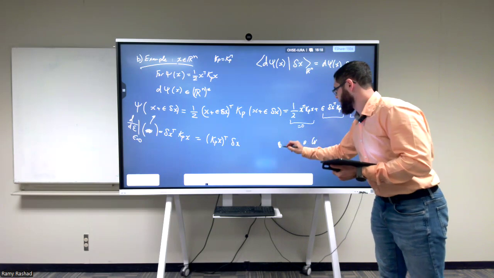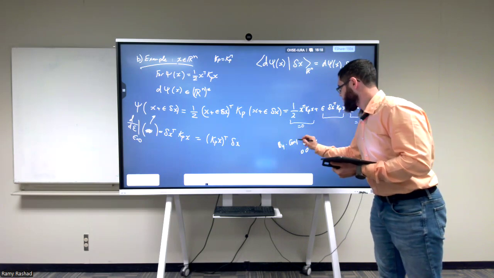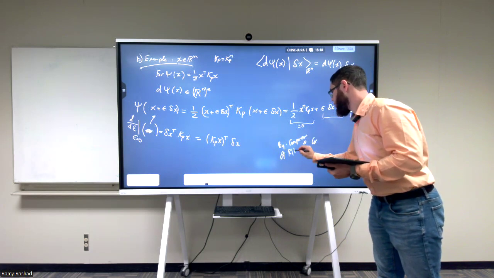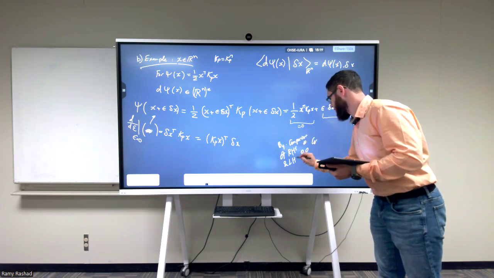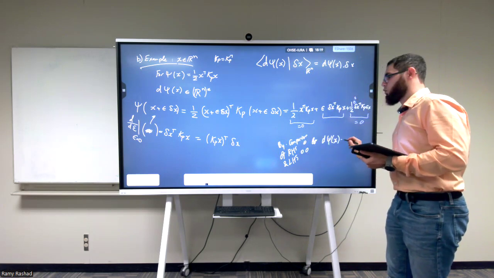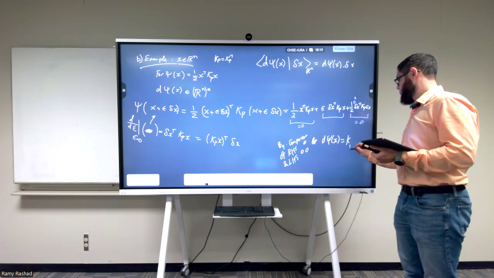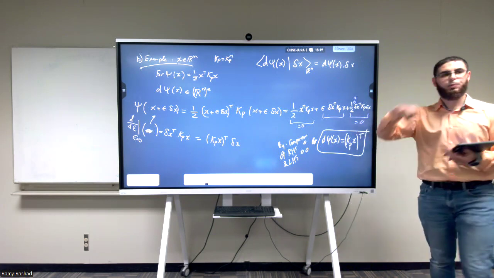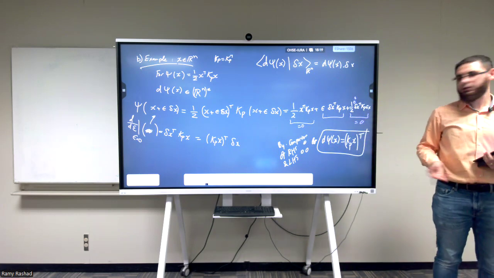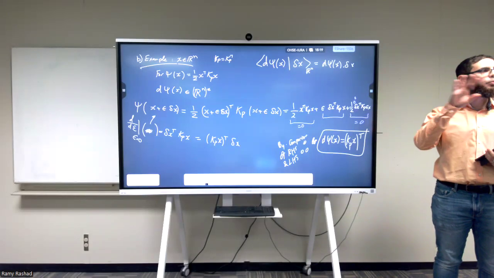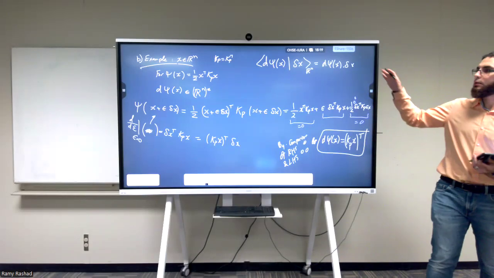By comparison of right-hand side (RHS) and left-hand side (LHS), we conclude that d psi of x is equal to, if I transpose it to write it as a gradient, what do I get? kpx.